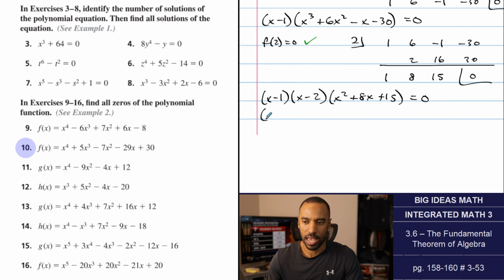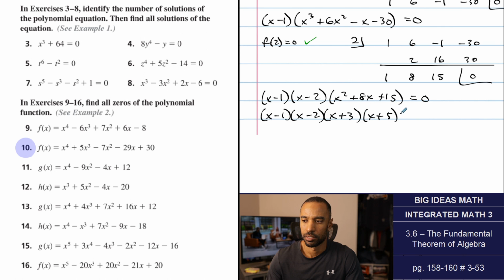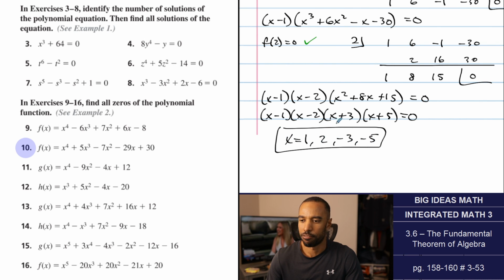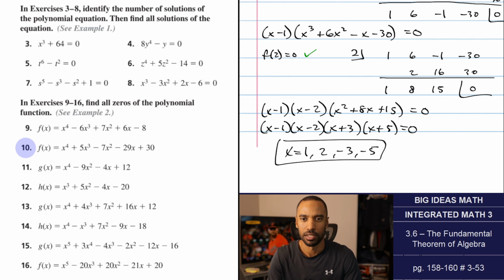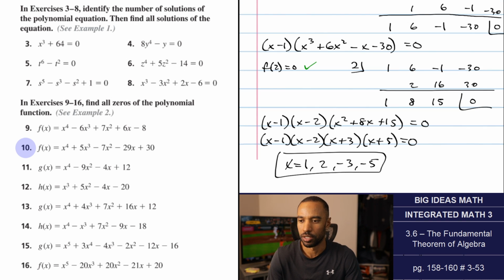This is factorable to x plus 3 times x plus 5. And our final solutions there now are 1, 2, negative 3, and negative 5. 4 total solutions as expected. We are good.